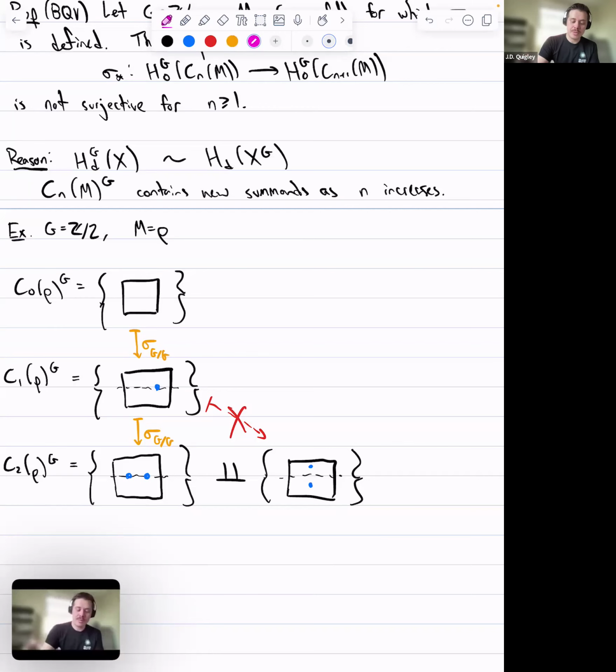And so in order to produce a surjection, or at least have a hope of some form of stability, what we need to do is add stabilization maps, which add other orbit types. So for instance, I can go from C0 to C2 by adding a free Z mod 2 orbit. That's what these 2 blue dots down here are.